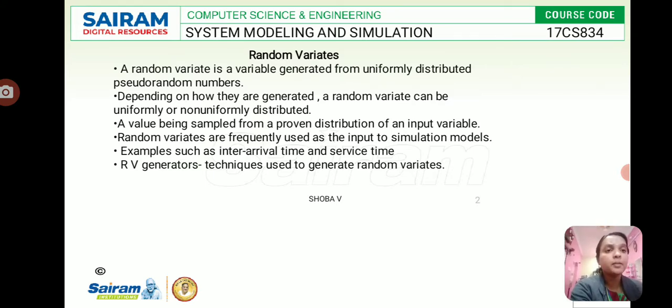For uniformity, hypothesis testing should be applied on the input data distribution.